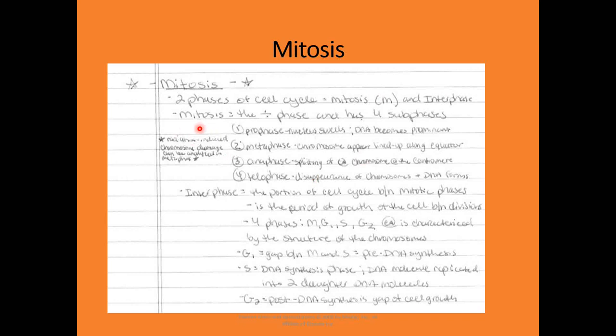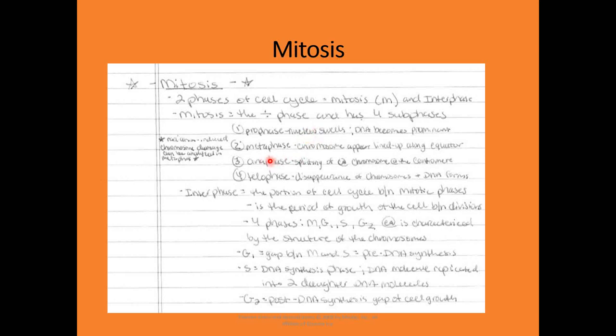The definition of mitosis is the division phase, and it has 4 subphases. The 4 subphases are prophase, metaphase, anaphase, and telophase. During prophase, the nucleus begins to swell, and then you can start to see the DNA. It becomes more prominent.